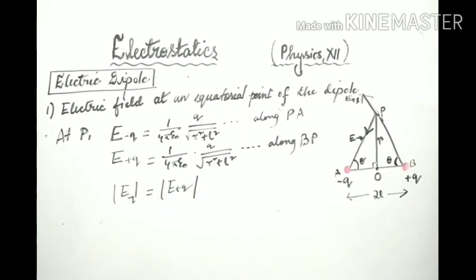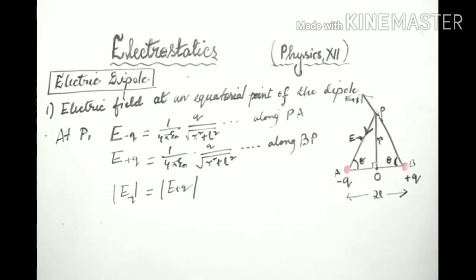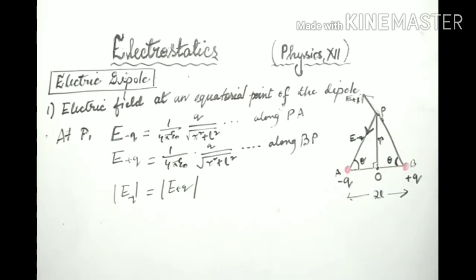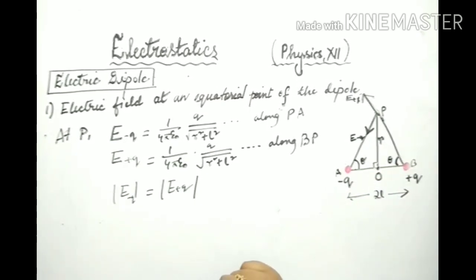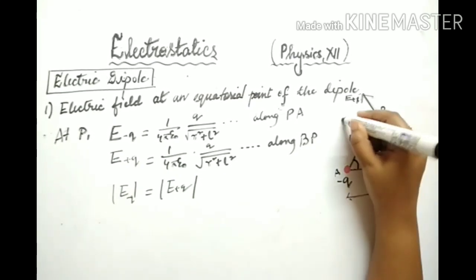Now we can understand that here there are two electric fields, one due to plus Q and another due to minus Q. At a single point we can have only one direction of electric field. That electric field is given by using the parallelogram law of vector addition.